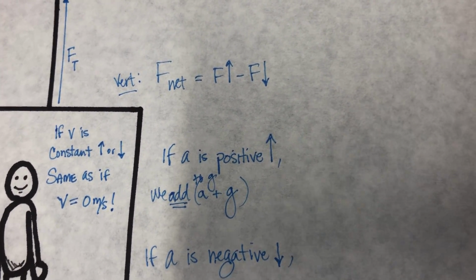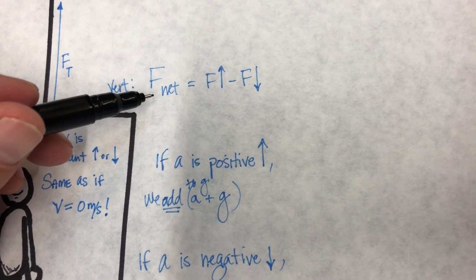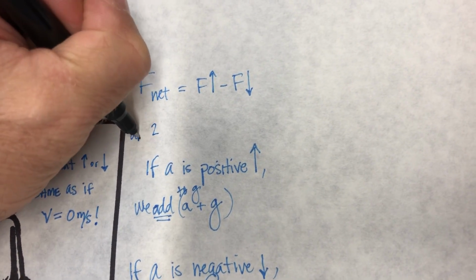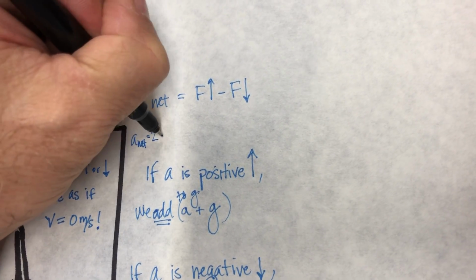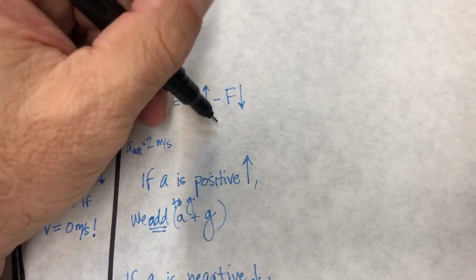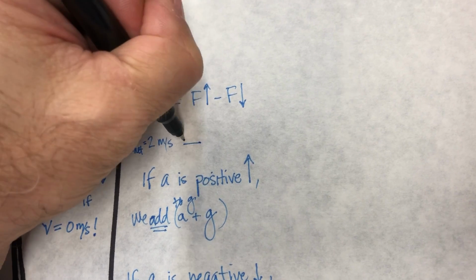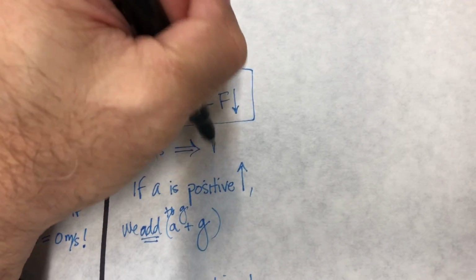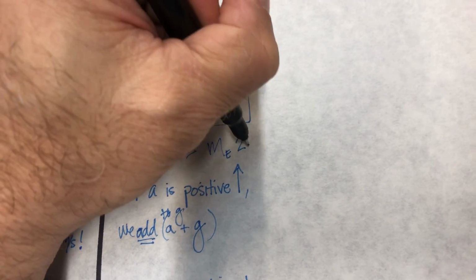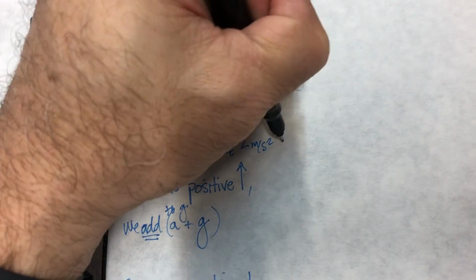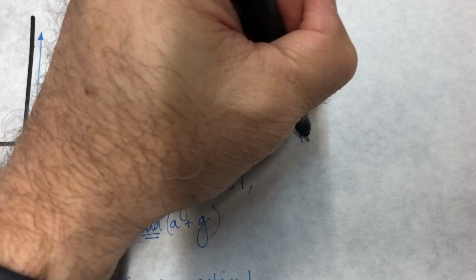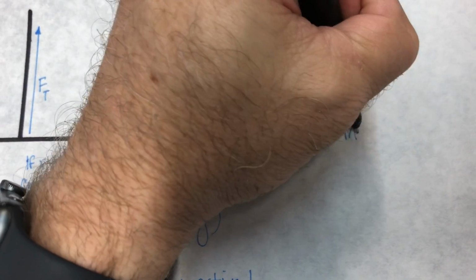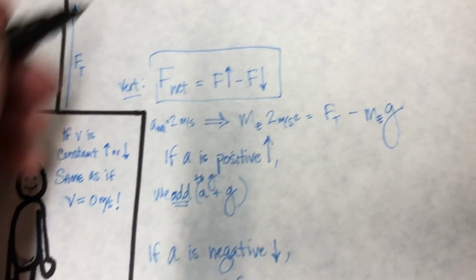If the elevator is accelerating upward at 2 meters per second squared, so a net equals 2 meters per second squared, we can rewrite this equation with numbers. The mass of the elevator times 2 meters per second squared is equal to the tension force minus the mass of the elevator times g.